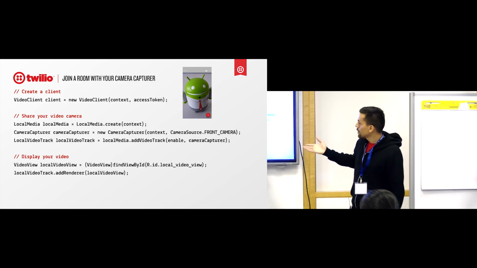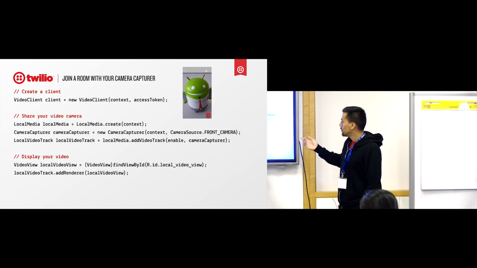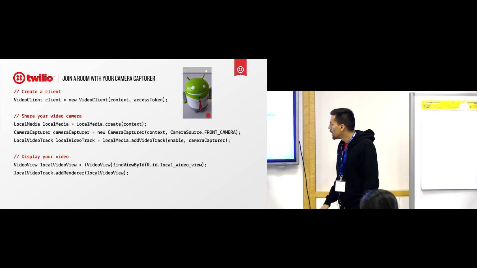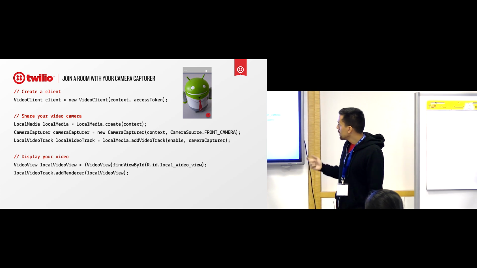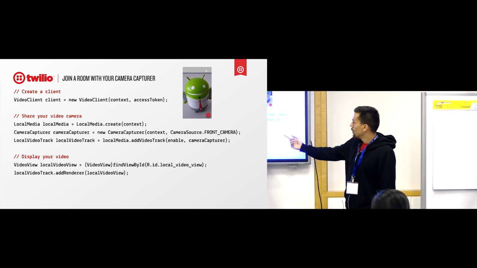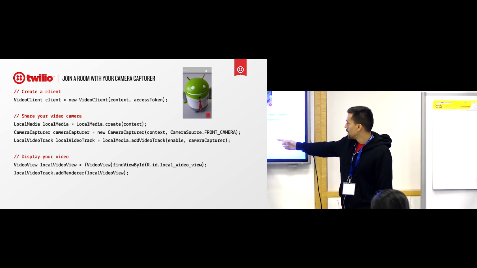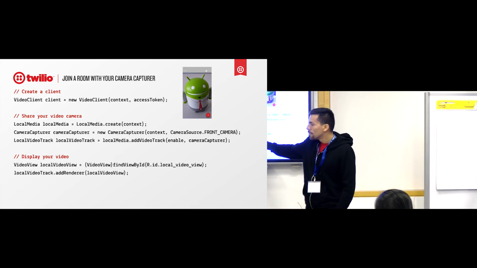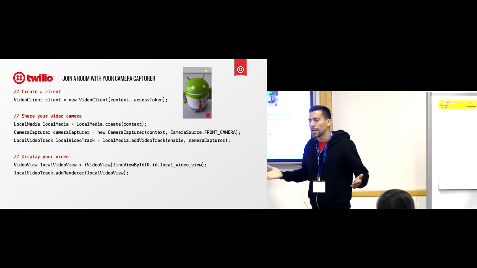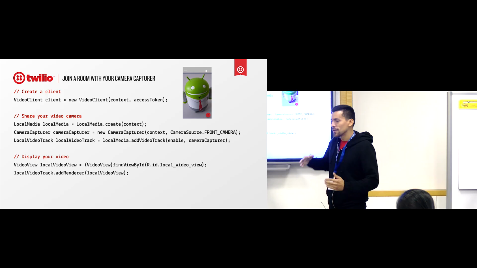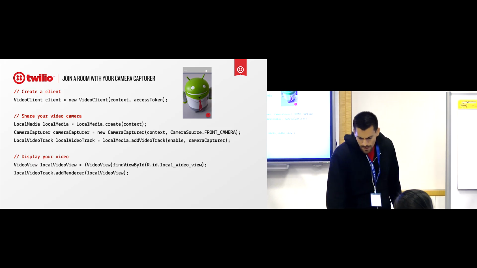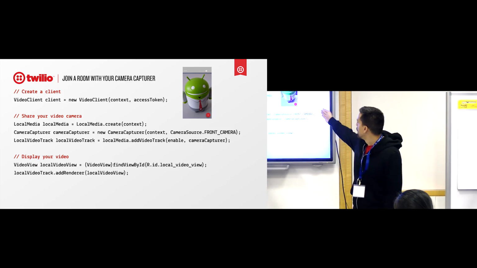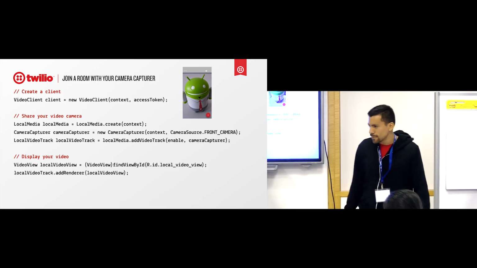And at that point, I can create a local video track with that camera capture. And lastly, if I want to preview this video, I can use the local video track I've created and add a local video view that's in my layout and add it as a render. And I'll talk about why you can actually add this video view as a render in a little bit. So at this point, we've got kind of this preview, which you saw earlier.